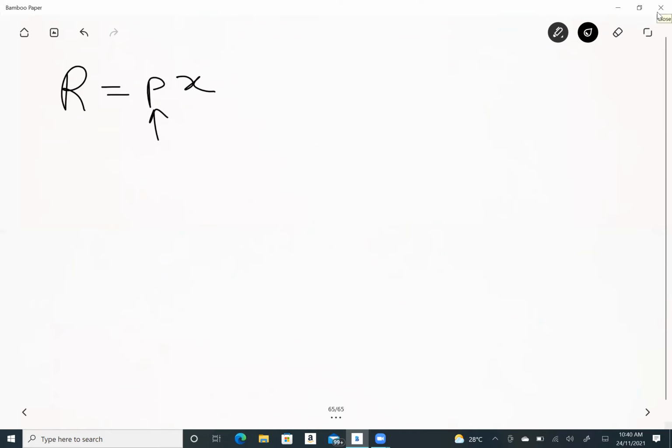So that is our revenue function, and that will be equal to negative 0.5x² plus 200x. So the revenue here is non-linear. If the demand function is linear, you have a quadratic function. Okay, so that is the difference.